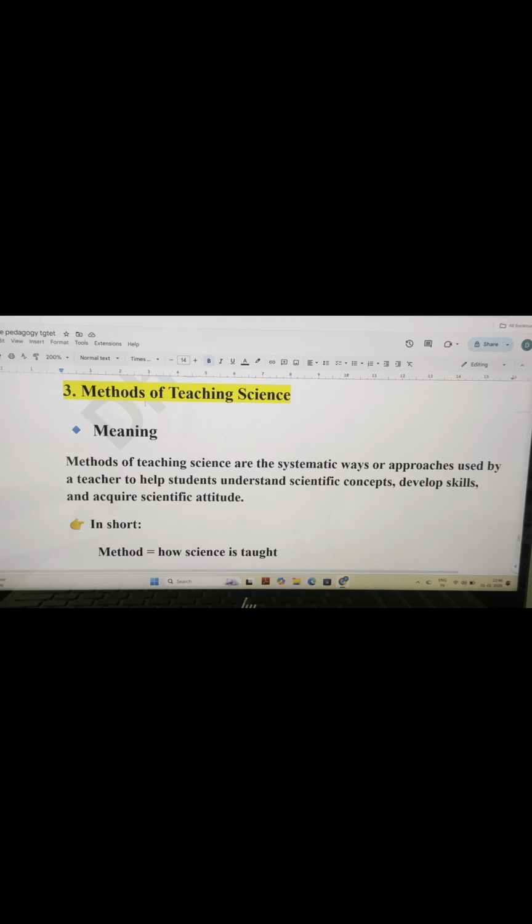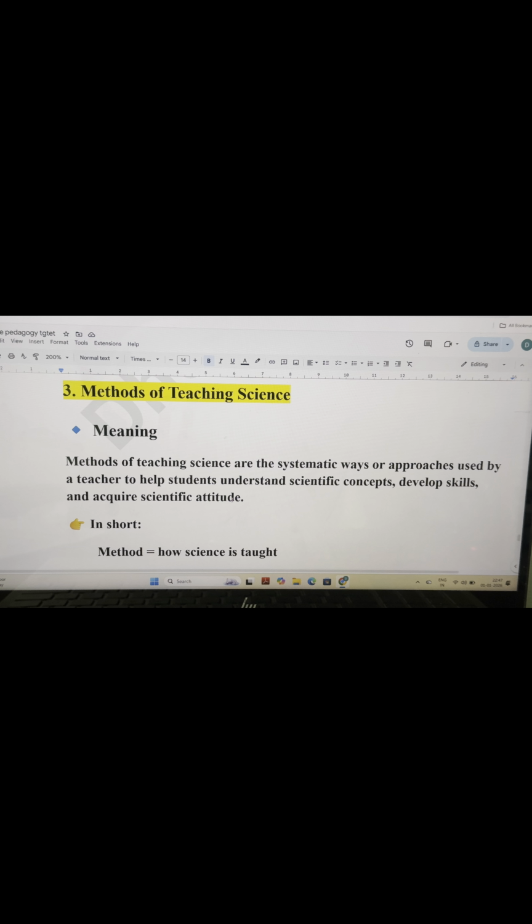Hello guys, let us start the third topic, methods of teaching science. Methods of teaching science are the systematic ways or approaches used by a teacher to help students understand scientific concepts, develop skills and acquire scientific attitude.